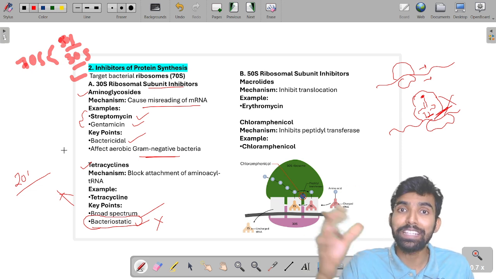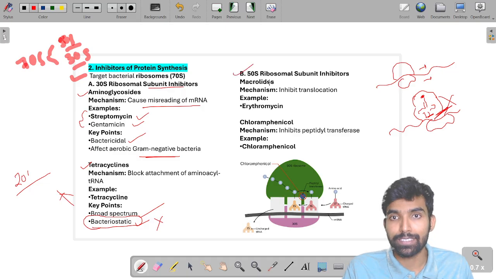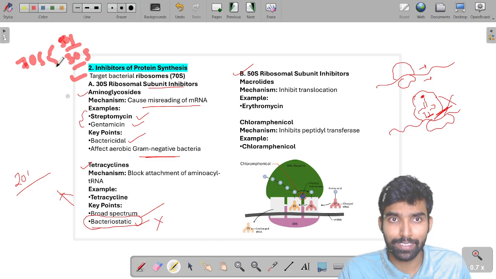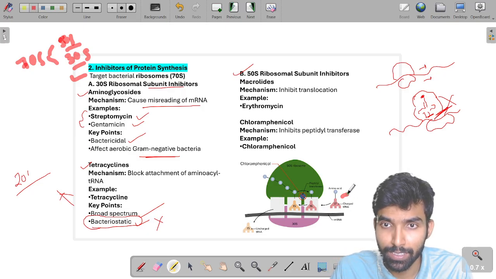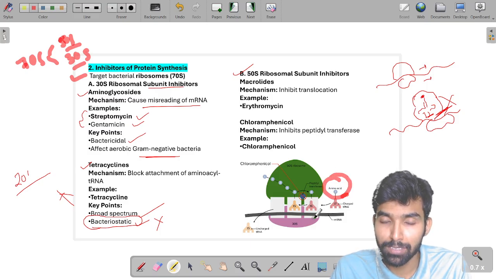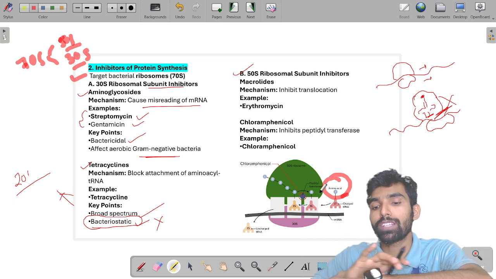Another subunit is the 50S subunit. There are some macrolides that inhibit translocation. Translocation means, if you focus here, one tRNA is coming with one amino acid and occupying this site. The mRNA is here, and the ribosome comes and scans.